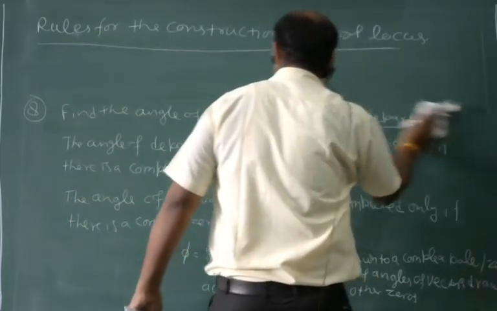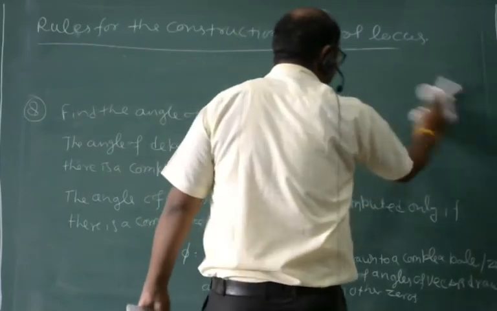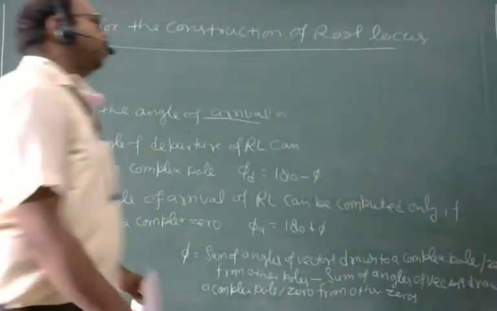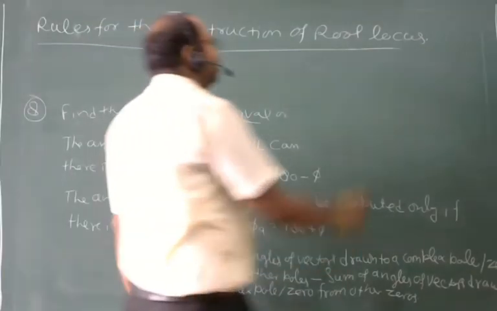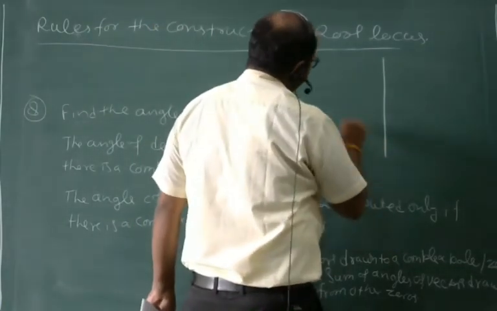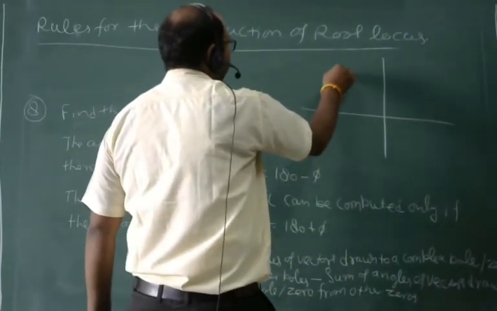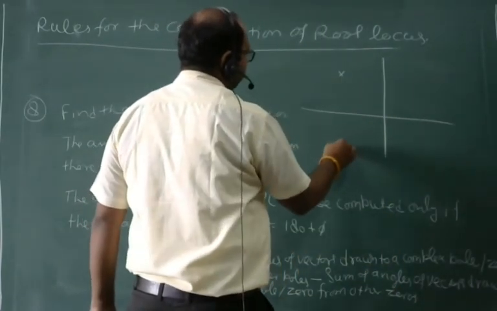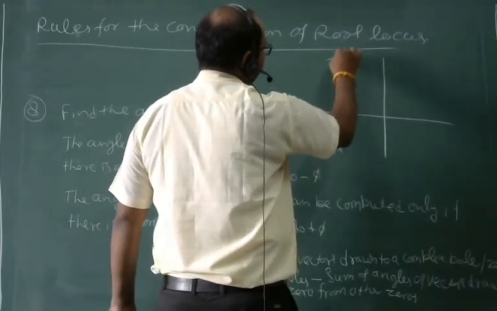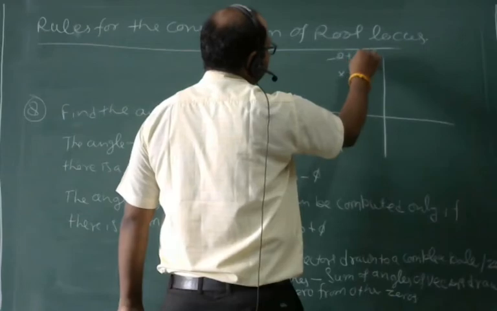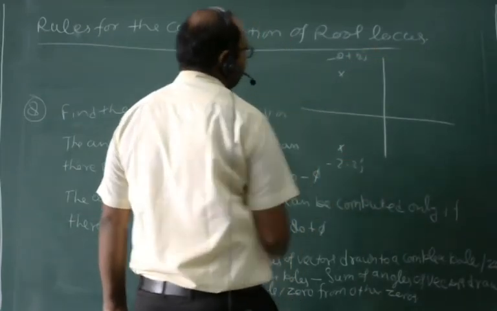Let us understand this rule, understand how to calculate phi from an example. Let we have complex poles like minus 2 plus 2j, minus 2 minus 2j.